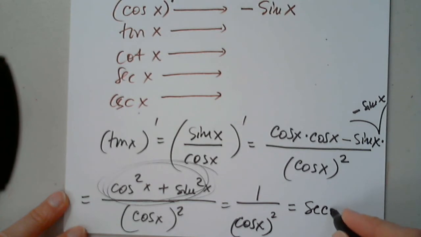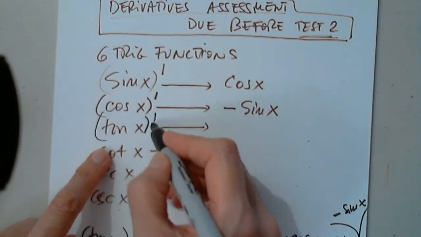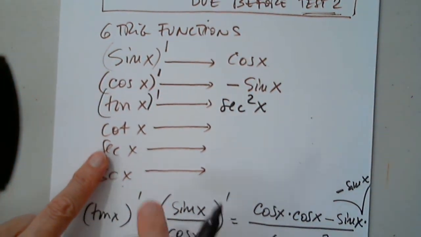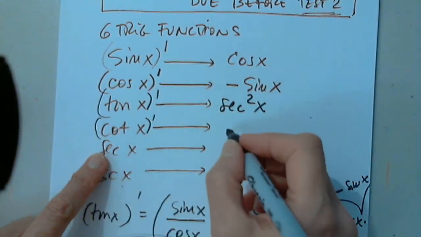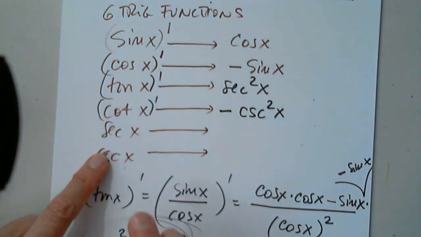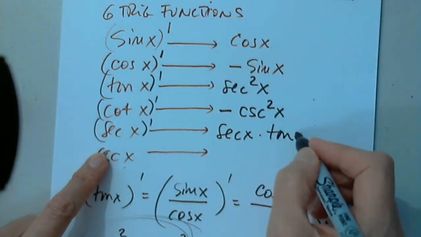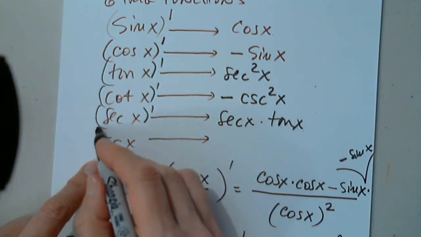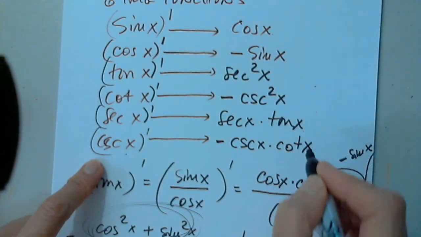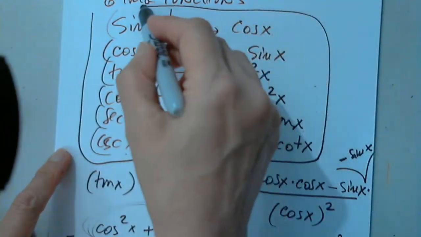Sec. Very good. Perfect. So then tangent prime is secant squared. Cotangent prime is negative cosecant squared. Secant prime is secant times tangent. And cosecant prime is negative cosecant cotangent. These should be carved in stone, please.